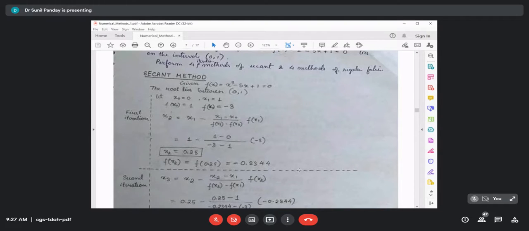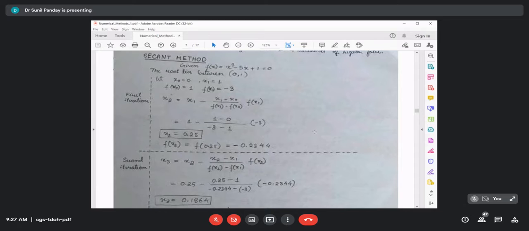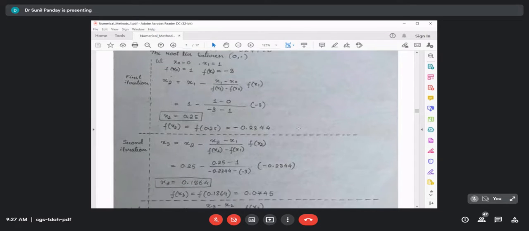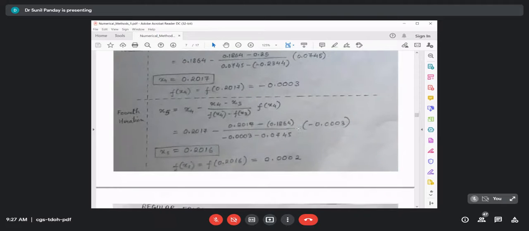So this method is fast, but it can lead to some wrong results also. Like here you are getting a better result, like 0.002 for f of x5, but there are some problems in which you will not get this.